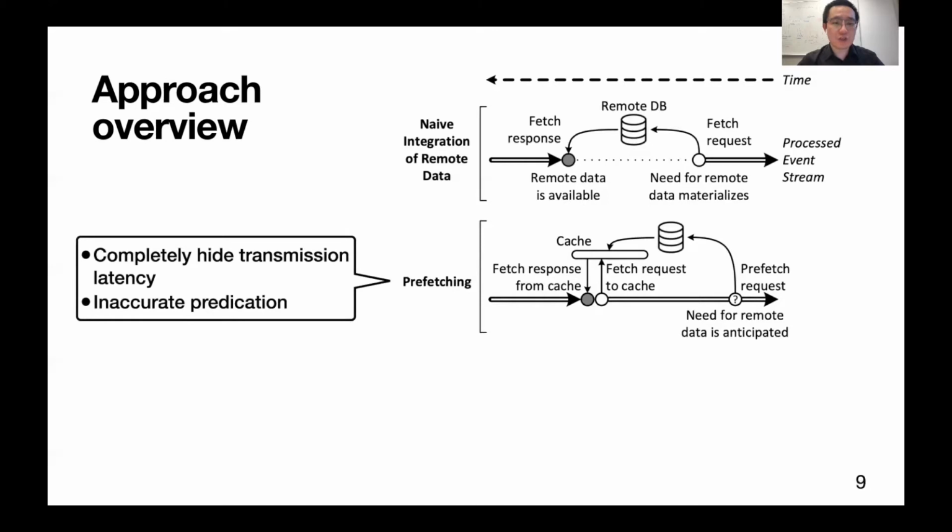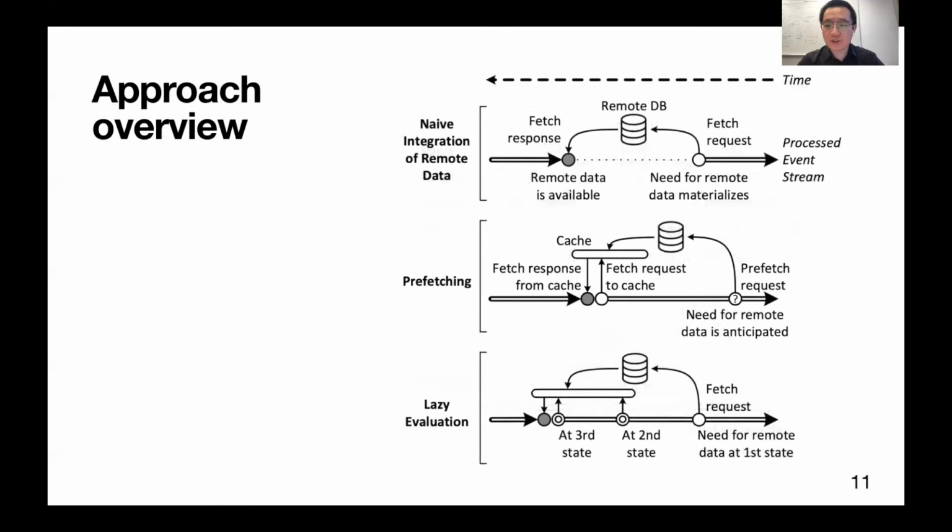So the advantage of prefetching is that it is able to completely hide transmission latency. However, the drawback is that the prediction cannot always be accurate. So it may either prefetch the wrong data, which will waste the cache capacity, or it may fail to fetch the correct data.